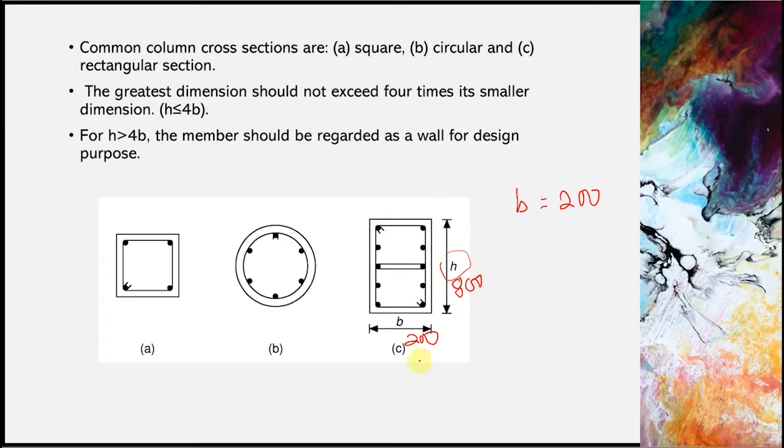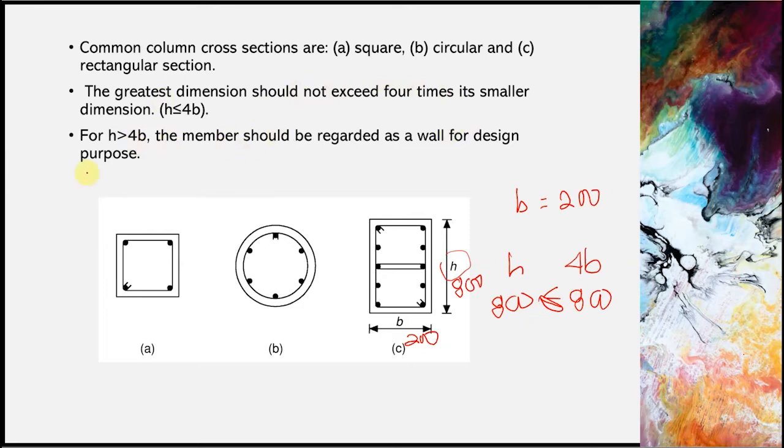When you multiply 200 with 4, because you kira 4B kan, so 4B part darab 200, you will get 800. Tengok you punya H, you compare dengan value of H. So H here we put 800, so it means it is equal lah. Equal ni, less or equal lah. So dia equal meaning kita consider dia as column.